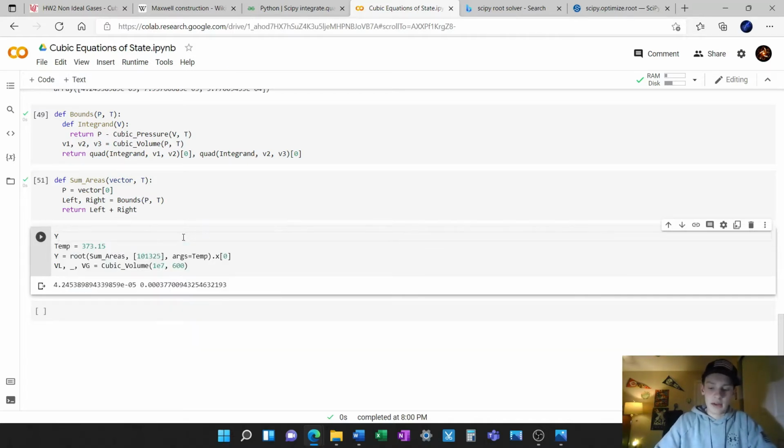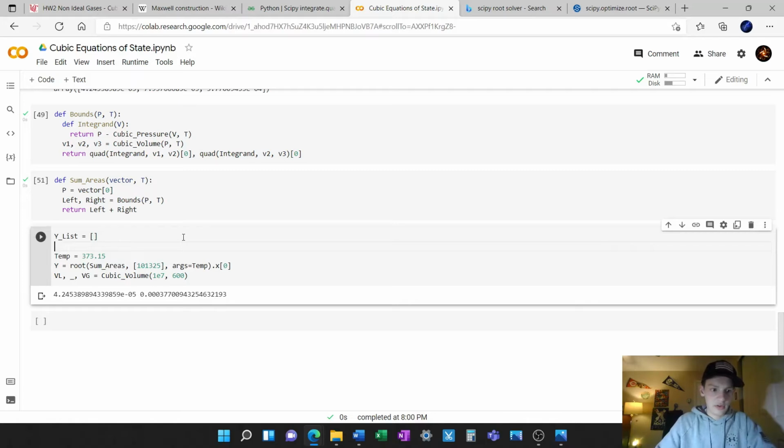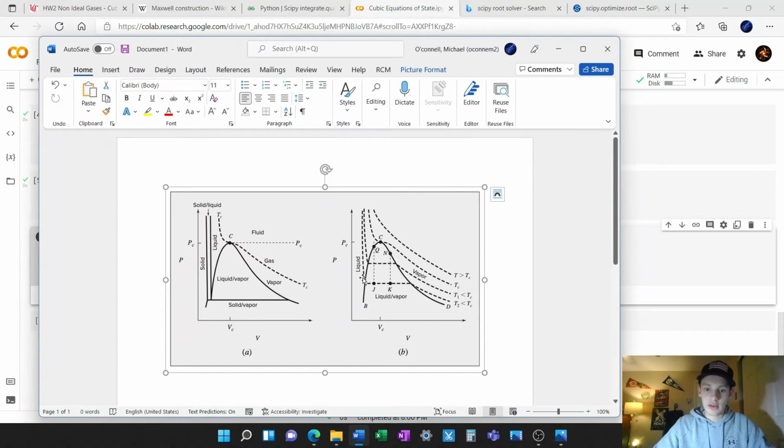So let's start by making a list for the pressures. We'll keep our variable Y consistent there, and just a list. As you can imagine, we're going to be able to append values for this. As I said before, when I showed you the two-phase envelope, we have different temperatures.